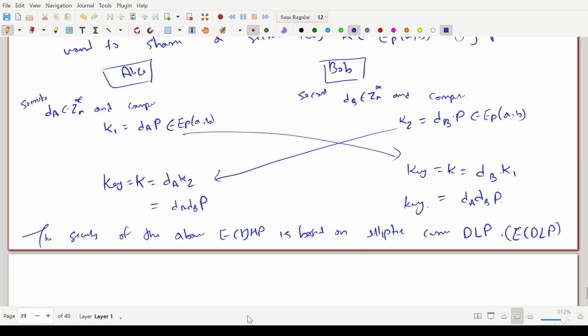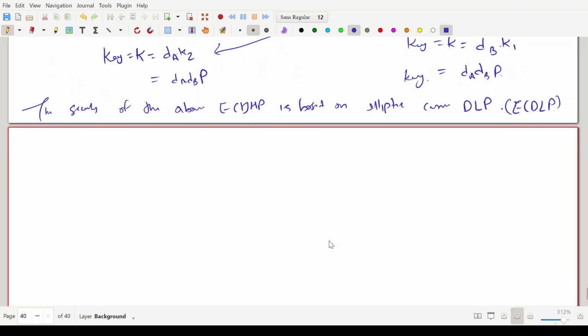If I have not mentioned what ECDLP is, suppose I have K equal to some a times P. Given P and K, can you find the value of a? This is what the DLP problem is. Given P and K, can you find a? So this was your ECDLP.